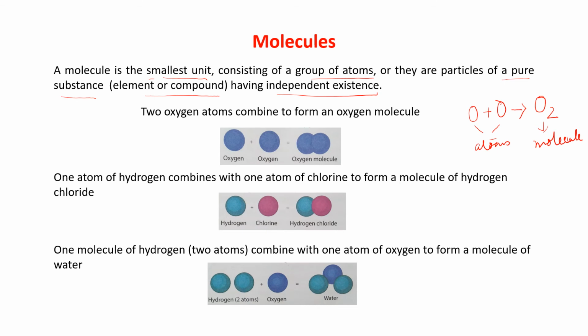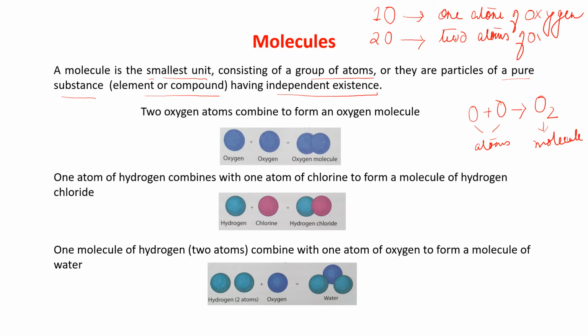Now if I write only O, nothing is there in front, so that means 1. So I will say 1 atom of oxygen. Suppose I am writing 2O. It is 2 atoms of oxygen.